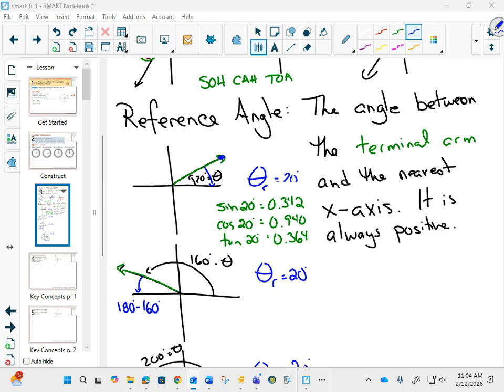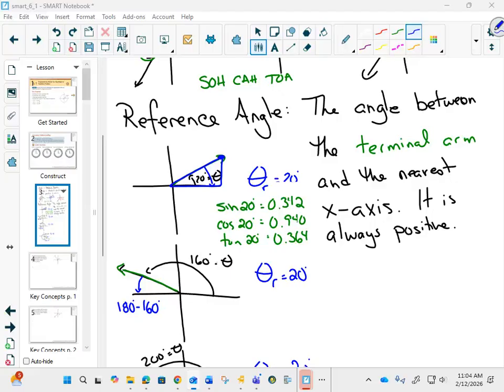So if I pick a random point here and go straight down and draw this right angle triangle with 20 degrees, if I measured the opposite side and the hypotenuse and divided the opposite side by the hypotenuse, I will always get 0.342, no matter how big or how small I draw that triangle.